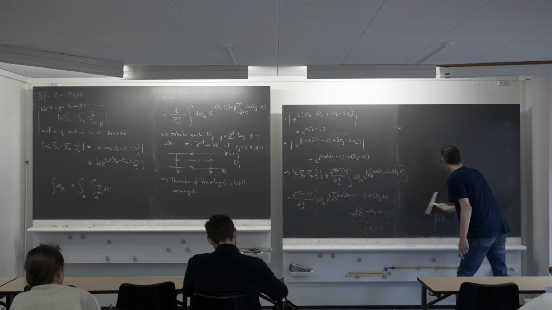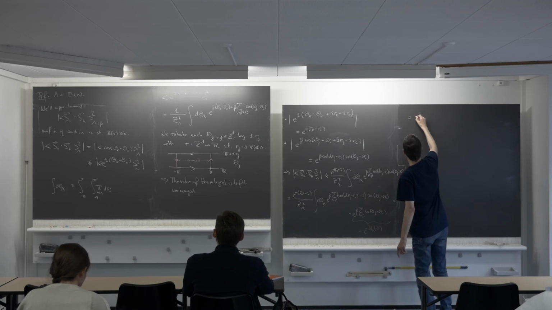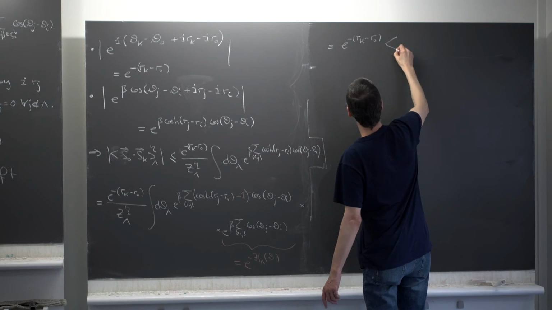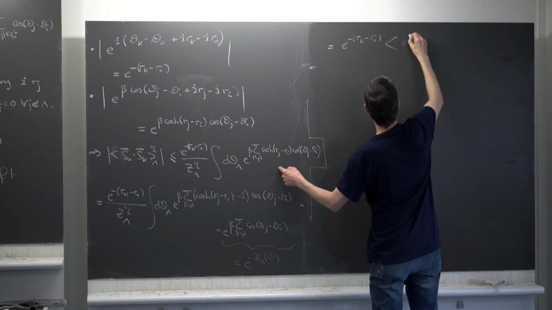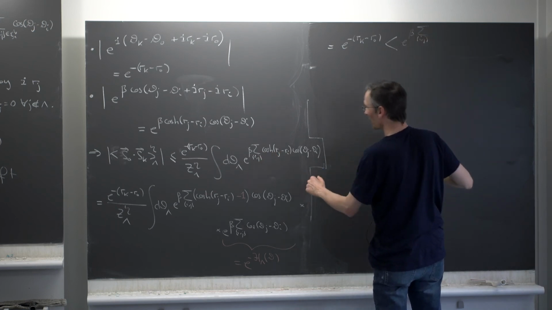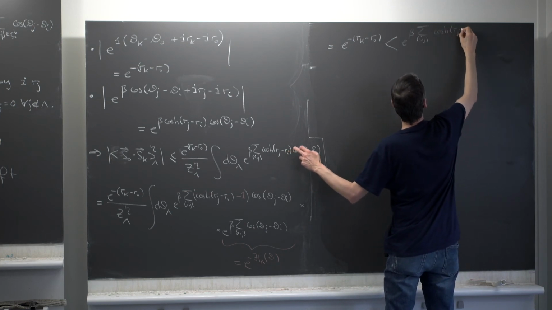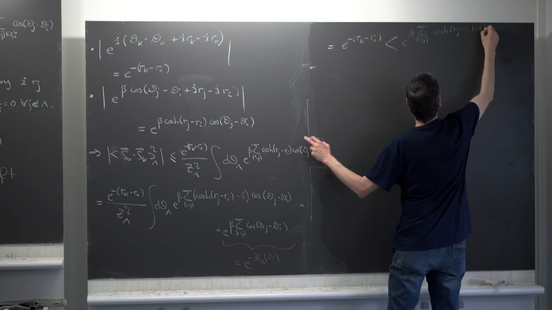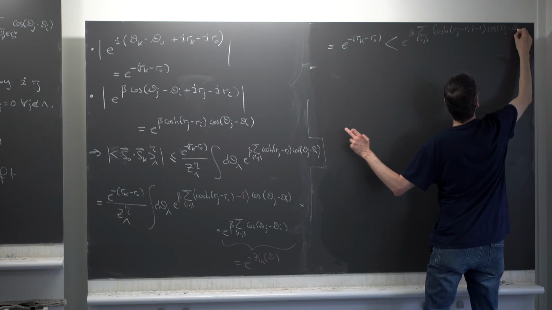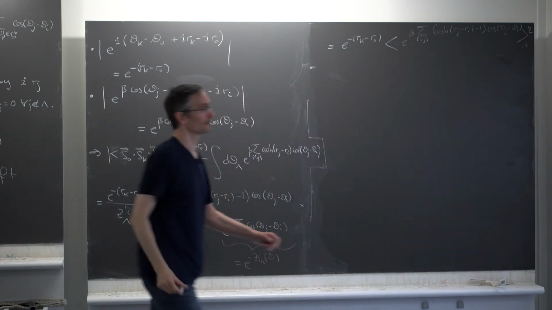Let me write it down. So what you get from this trick is that this is equal to E^{-(R_k - R_0)} times the expected value of E^{β Σ_{ij ∈ E_Λ} (cosh(R_j - R_i) - 1)(cos(θ_j - θ_i)) }, with boundary condition λ, η.